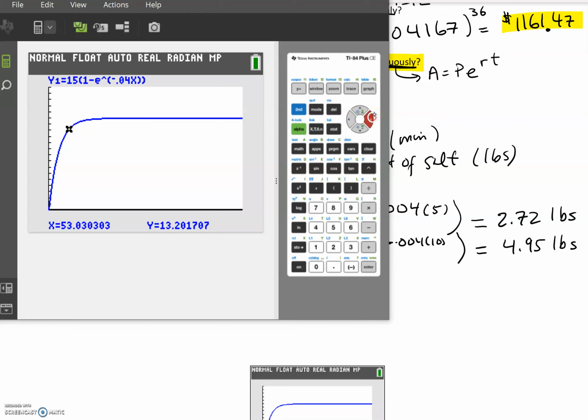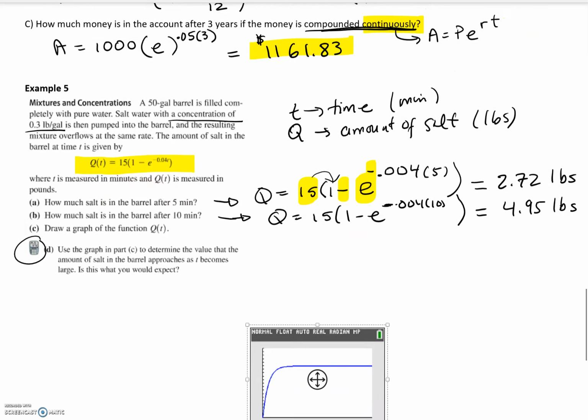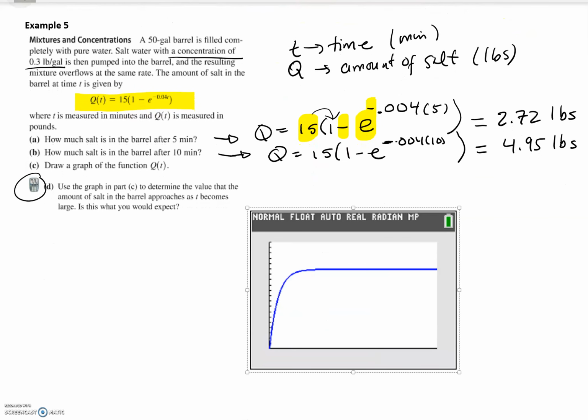When I go all the way to the right, the y values are approaching 15. That 15 seems like it should be the asymptote. So I basically have an exponential function, and there's an asymptote at y equals 15.